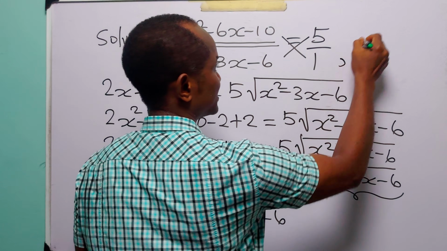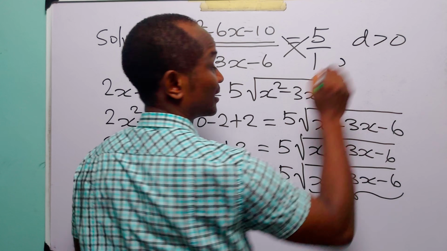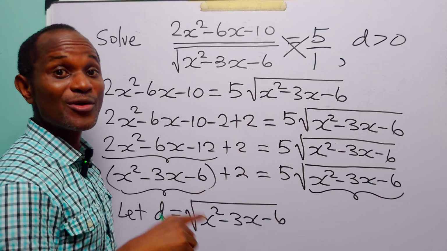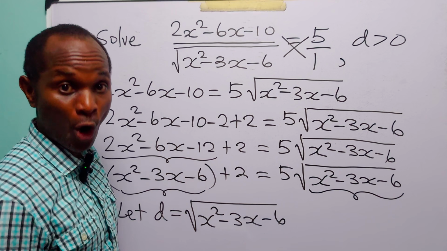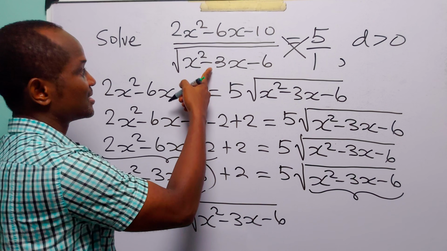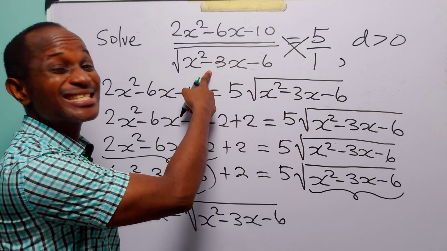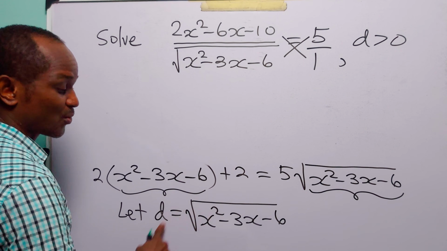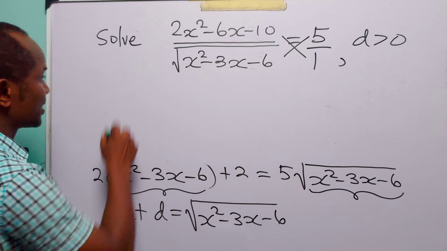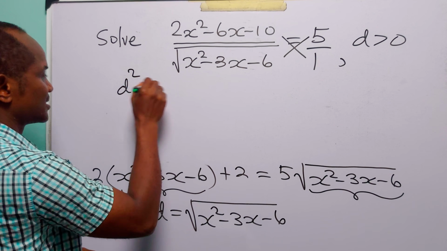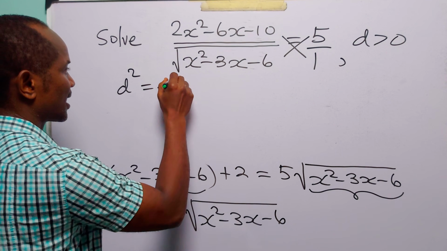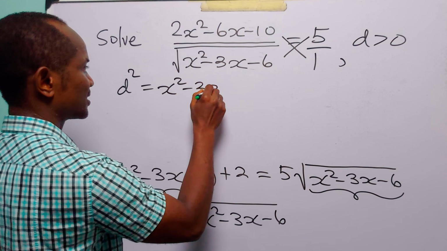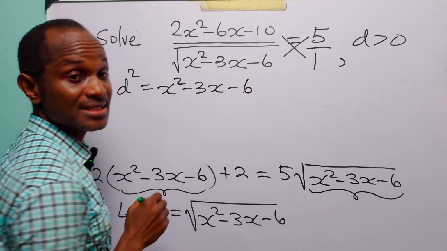So we have that d must be greater than 0. Note, greater than, not greater than or equal to, because since d is a denominator, it cannot be equal to 0. Now, when we square both sides of this equation, we have that d squared is equal to x squared minus 3x minus 6.